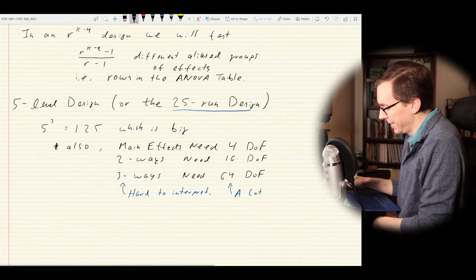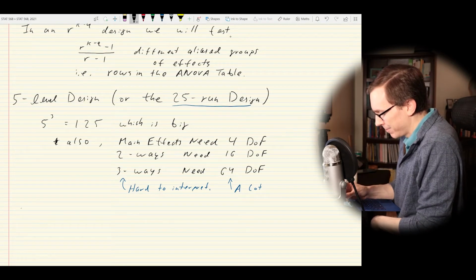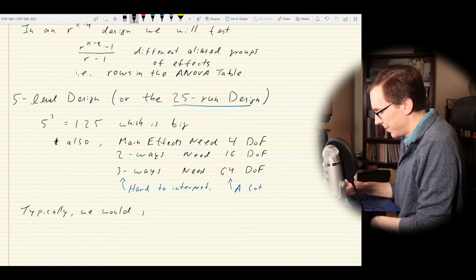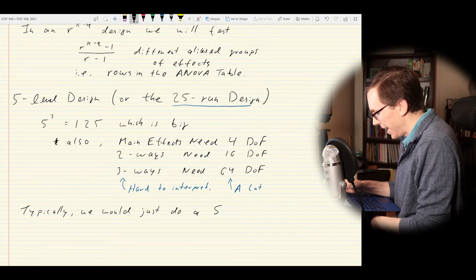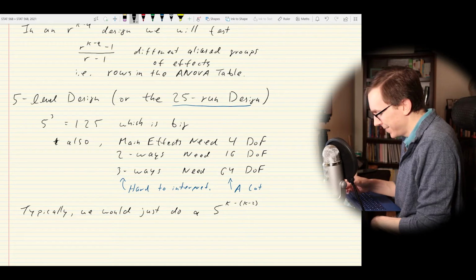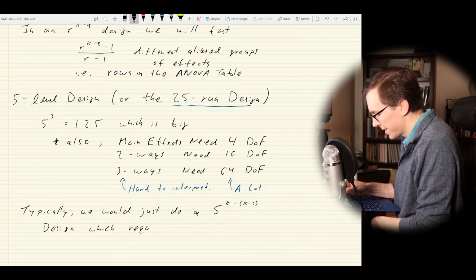So typically, the point I'm getting at, we would just do a 5 to the k minus 2 design, which requires 25 observations.